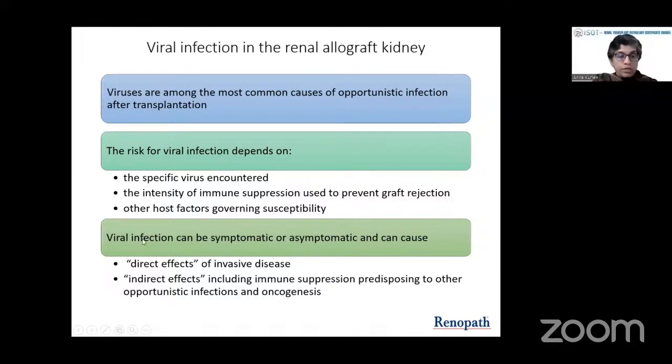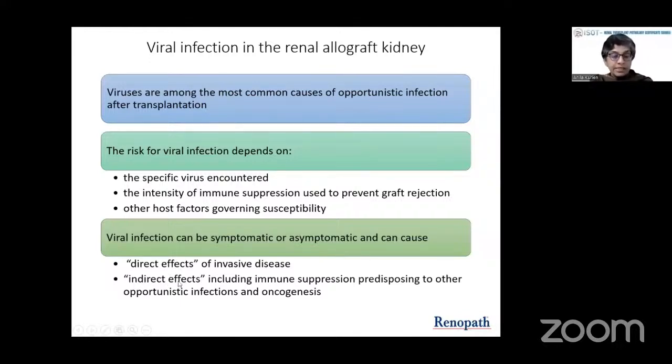And these viral infections can either be symptomatic, where the patient produces symptoms, or completely asymptomatic. Also, they can have direct effects, that is, the actual organ is involved, like in a nephritis or a CMV gastritis or an esophagitis. Or sometimes they can produce indirect effects.